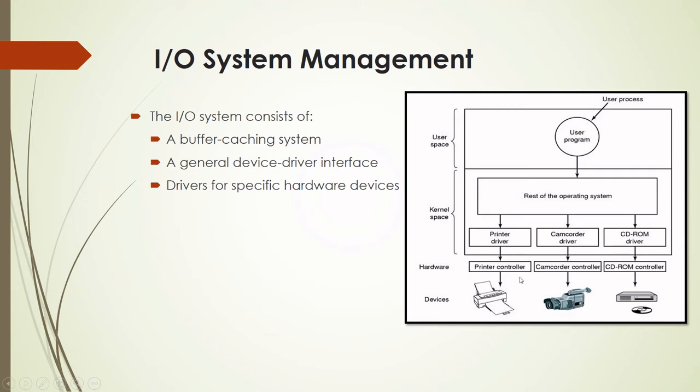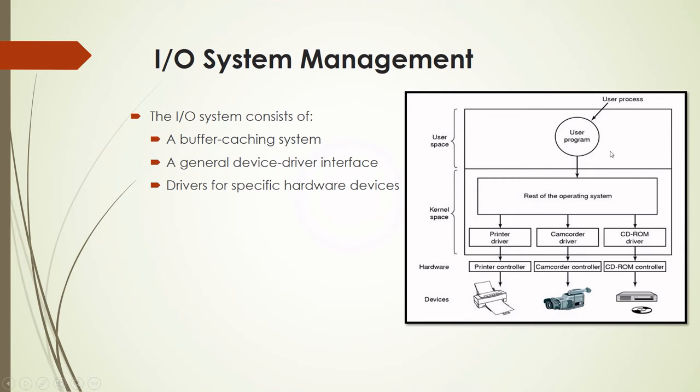They are connected through a controller, the printer controller, which is a different device, the camcorder controller, which is again a different one, the CD-ROM controller, and above it are the drivers, printer driver, camcorder driver, and CD-ROM driver. Then these are connected with the operating system, and the operating system actually handles the application program at the top, which is being used by the user.